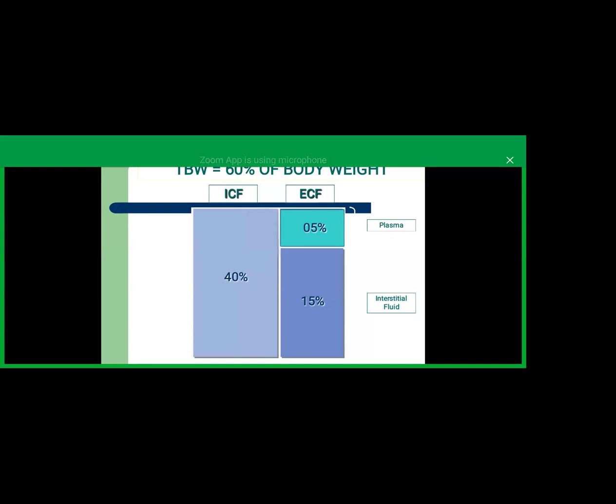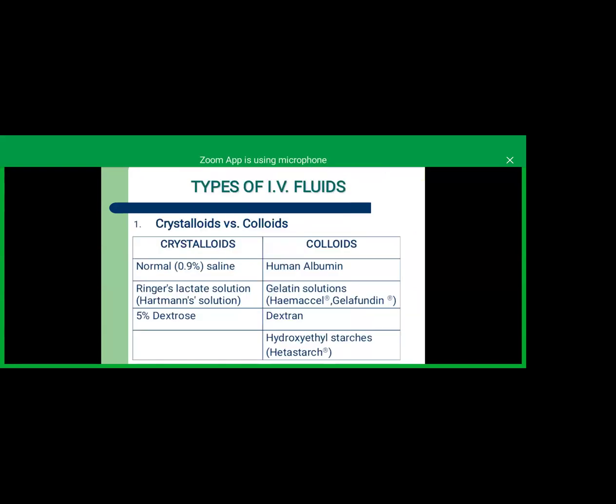The one we have in the blood vessel is 5%. The one we have in the interstitial space is 15%. So if we combine the two, extracellular fluid is 20% of the body weight. Intracellular fluid is 40% of the body weight. So that is what this slide is talking about. But you learn more of this in physiology. So it's just an overview.